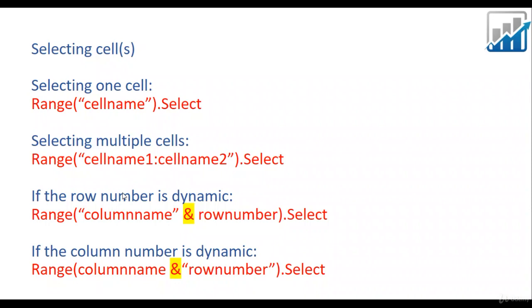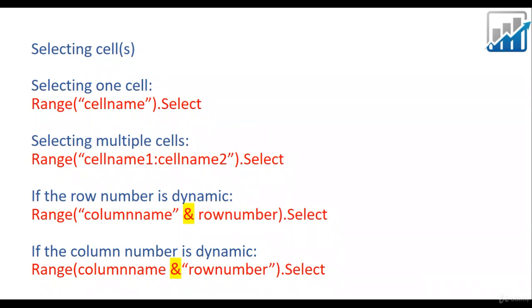But one of the advantages, or why VBA is used across industry, is for its automation. And when we are doing automation, we may not always be sure of which cell we are referring to, or which row we are referring to, or which column number we are referring to. So in the third example, I've got my row number as dynamic. I'm aware of my column name, and my row number is my macro name.